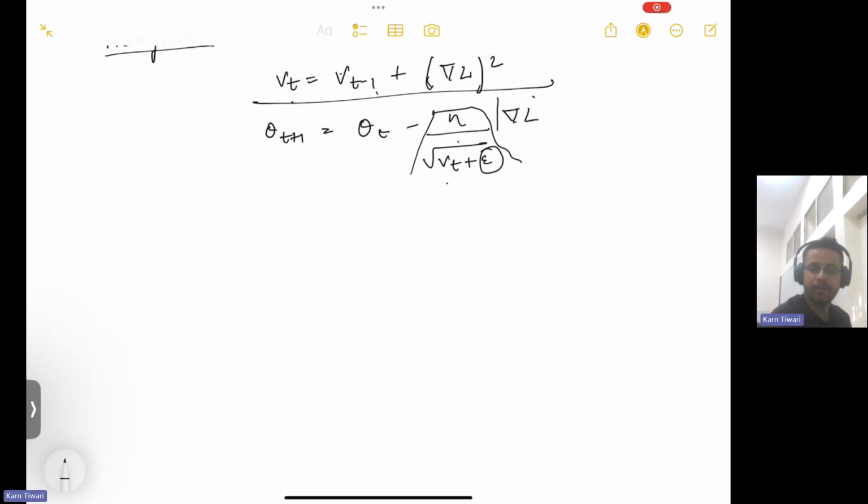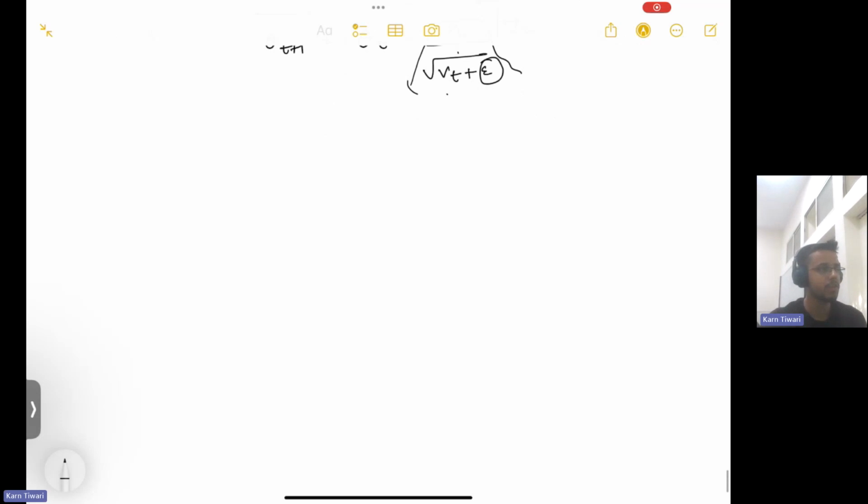See, 1 by something is there: if something is higher, the update is slower; if something is lower, the update will be higher. So there is a very aggressive learning rate decay in AdaGrad. The parameter started seeing a very small update because of the decaying learning rate with time. So that's where RMSProp was proposed.